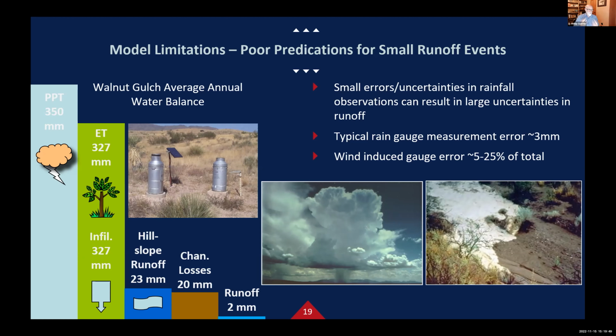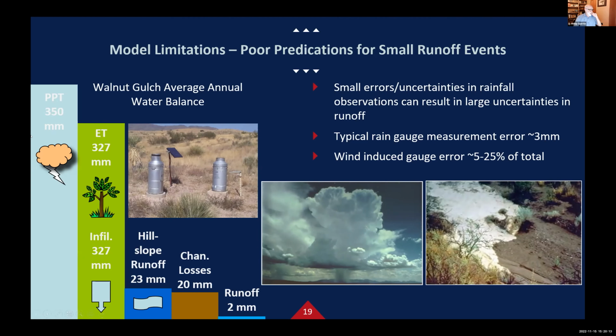That's due to infiltration, the fact that we're only seeing rain on a relatively small area, and these high transmission losses. So you can get a decent rainstorm but still see very small volumes of runoff, and it's really hard to model those kinds of events.